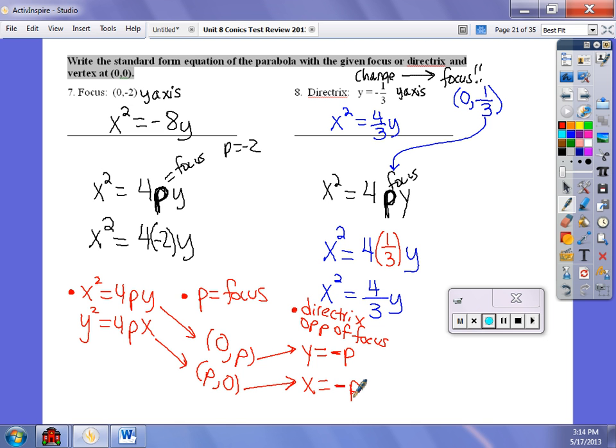Okay, and the last thing you have to remember is your latus rectum. Your latus rectum is equal to 4p. So 4p would be your distance of the parabola going through the focus.